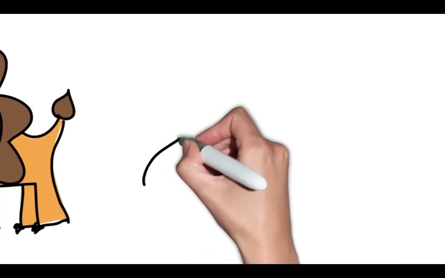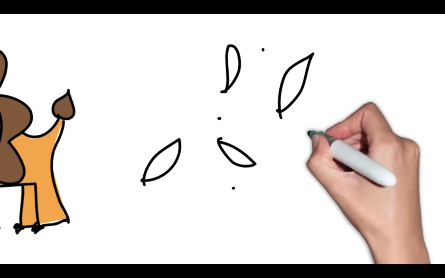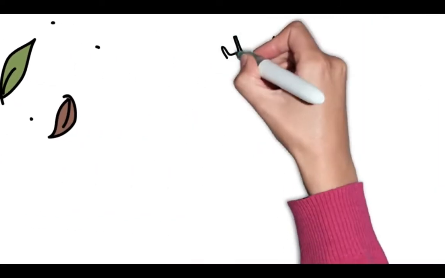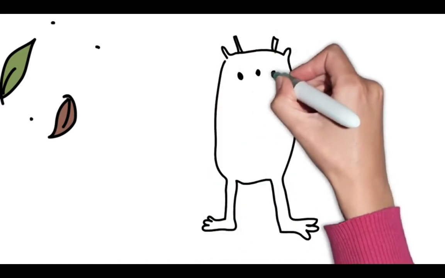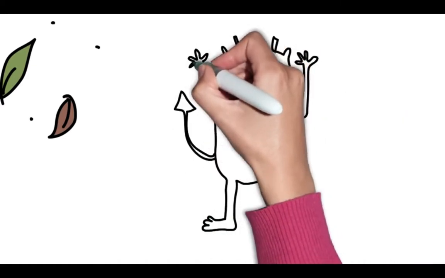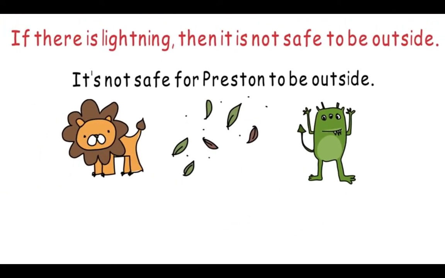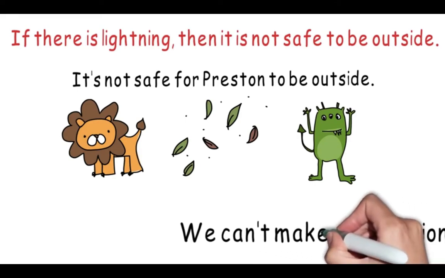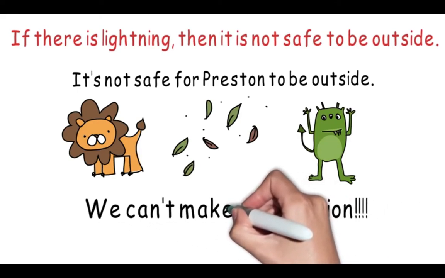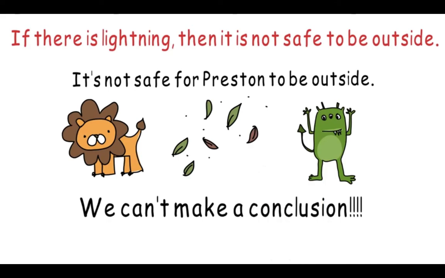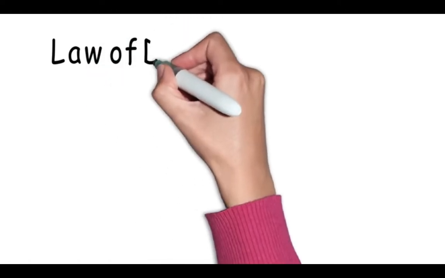Definitely not safe. Or what if there's a huge windstorm? Definitely not safe. What if there are little green alien men running around all over the place? Definitely not safe to be outside. Again, there could be a million reasons why it's not safe. We just cannot make a conclusion when there's a restatement of the conclusion.